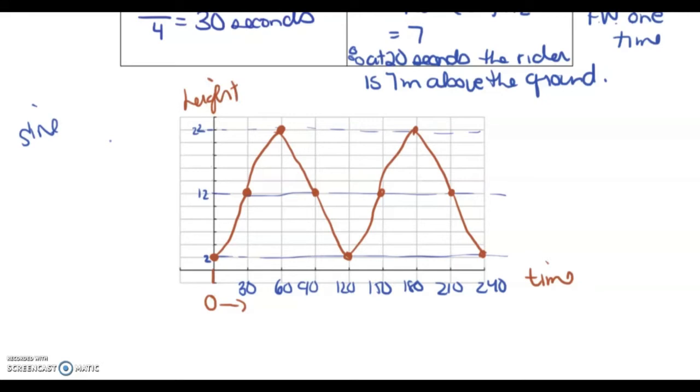So let's just talk about this. The rider boards 2 meters above the ground because he doesn't want to lose his legs, and he travels to the top of the Ferris wheel within 60 seconds, or at a minute, and to the bottom of the Ferris wheel at another minute, which is 120 seconds. So it takes 2 full minutes to go around the Ferris wheel. And the height of the rider is changing the entire time.